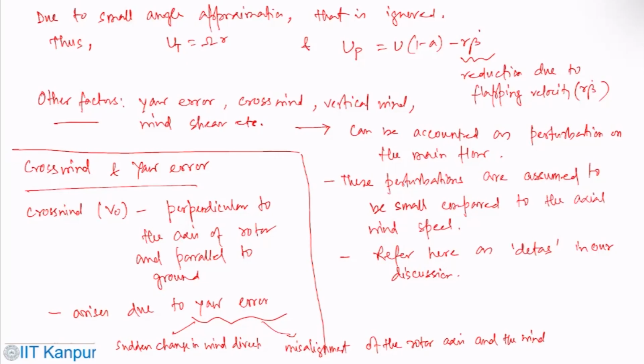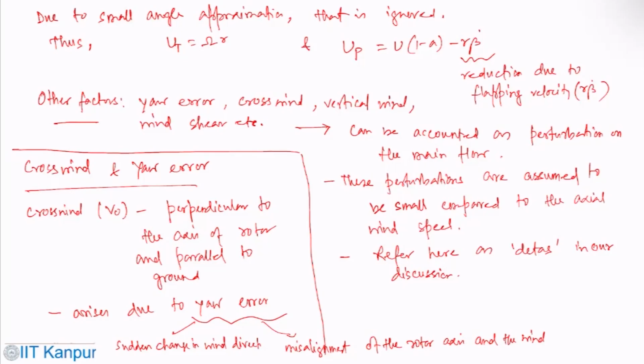So what it does, this crosswind tends to increase the tangential velocity at the advancing blade and decrease it at the retreating blade.